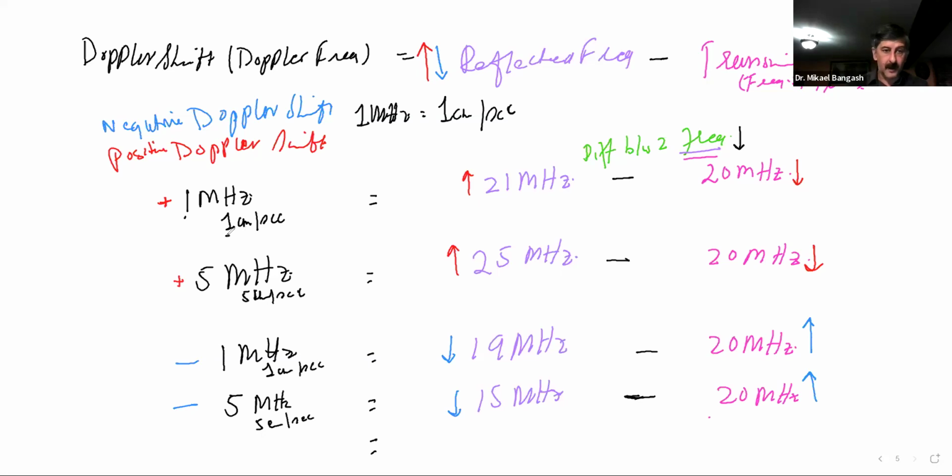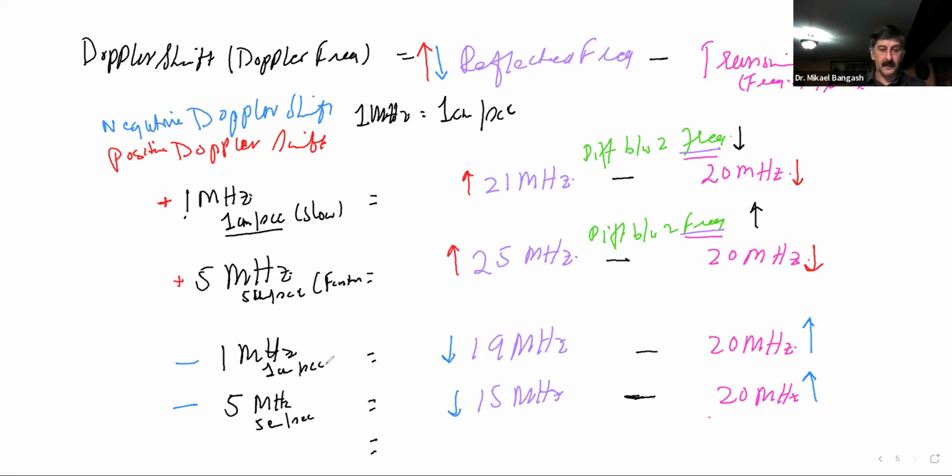And that's why numerically we can say here the blood is moving slower. Whereas here, the difference between the two frequencies, the reflected frequency and the transmitted frequency, was greater. And what that says is the blood is moving faster.